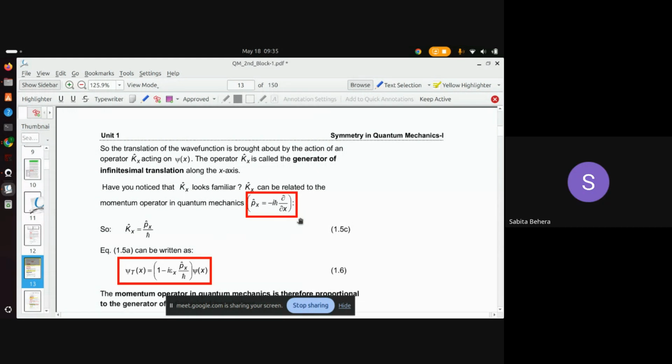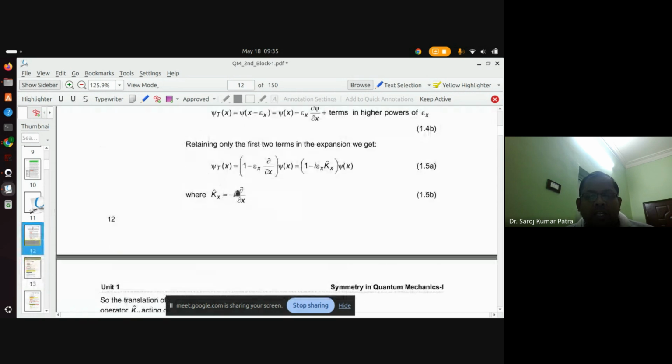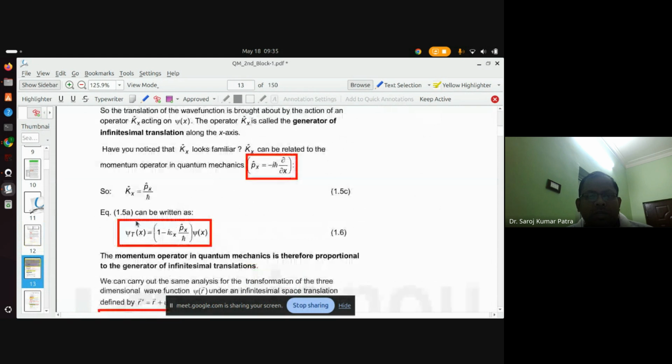So Px cap is equal to minus i h cross del by del x. Here I have minus i del by del x. So if I multiply by h cross here, I'll divide by h cross here. That means my kx over here will be equal to Px by h cross.